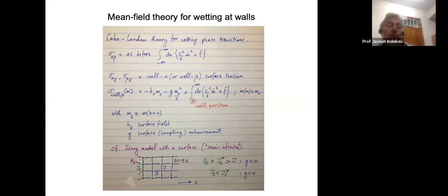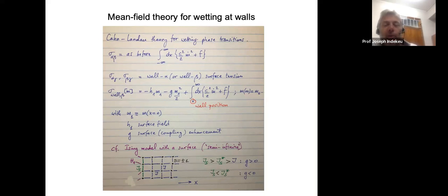So we also have to specify the conditions at infinity. What is the phase that we're going to choose there to set up the wetting problem? I told you a few minutes ago that we're going to choose the minus m0, oh, sorry, I correct myself.